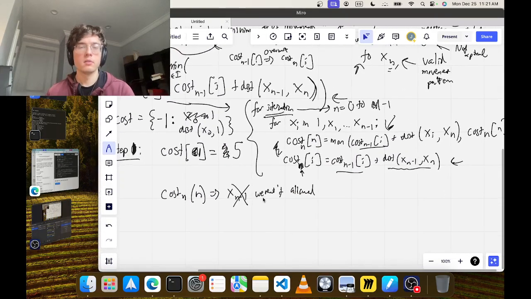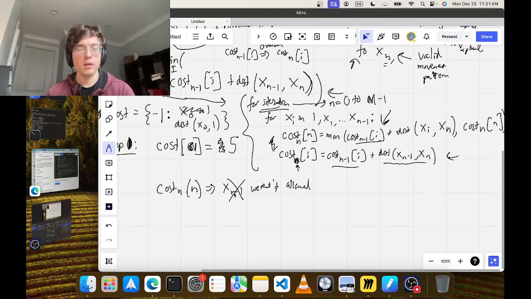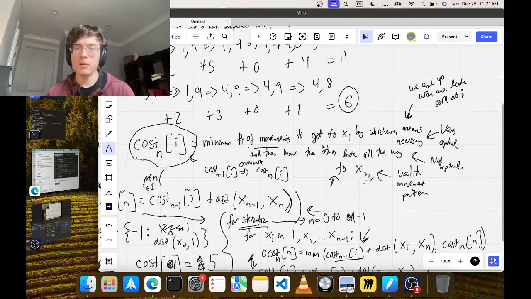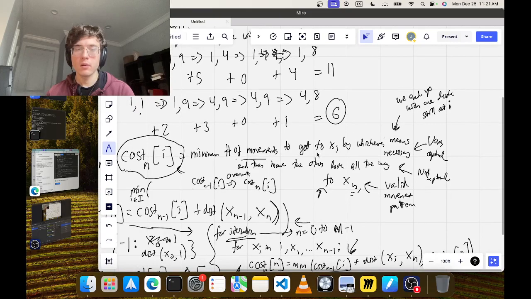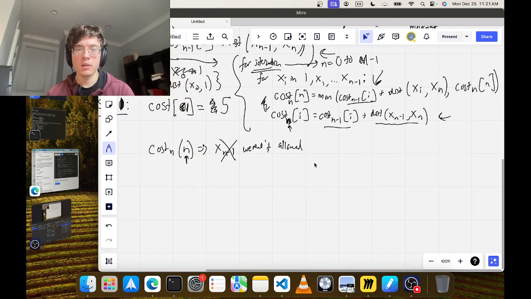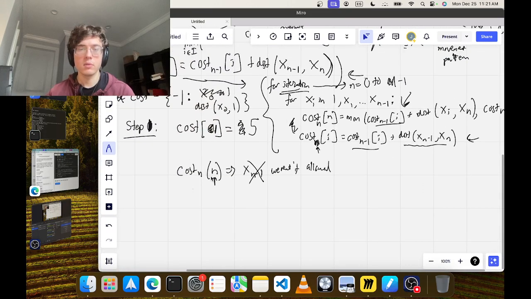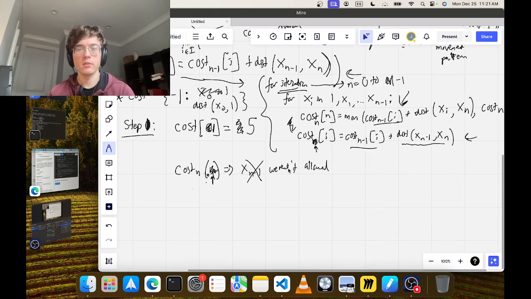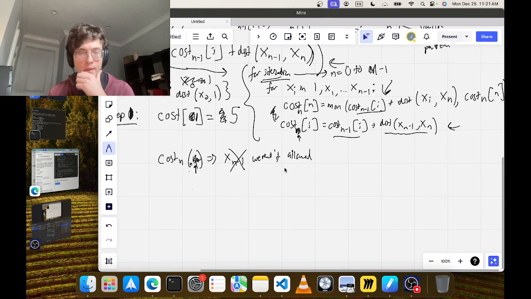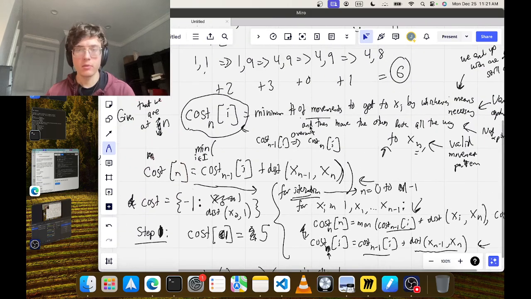Okay, fine. So we weren't allowed to move xn minus 1 because of the definition of this cost n, I guess this should be n minus 1 technically. Yes, n minus 1. We weren't allowed to touch xn minus 1, because otherwise it would have ruined our invariant.